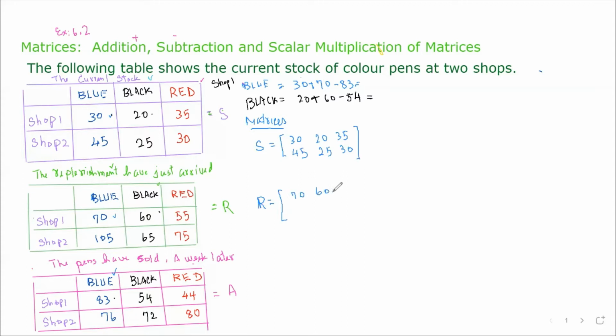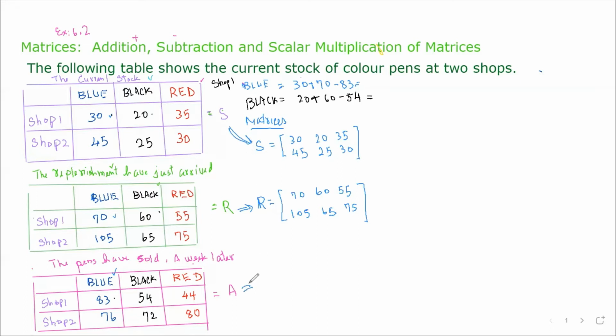And then this become 105, 65, 75. So you write the matrix. And then for this one, you write that here. And this one, you write that way.